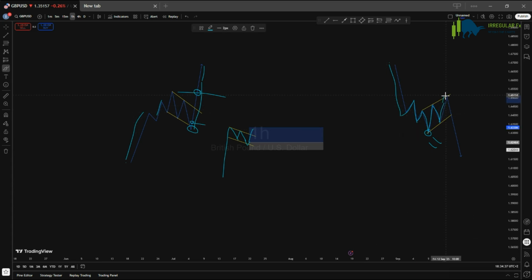On that third touch, we wait for the market to break above the trend line that we drew. Then the minute it comes back inside the trend line, that's where we take our entry. But this video is not based on the entry points.